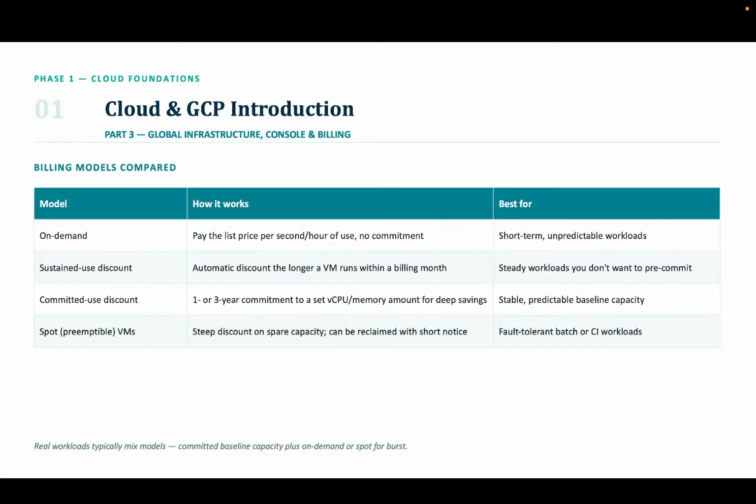Let's say you have an Active Directory server. You can't use spot VMs for an Active Directory server, because the minute the spot instance stops, your entire Active Directory is down. Or you can't use it for a DB server, because the minute it stops, you don't have a DB server.